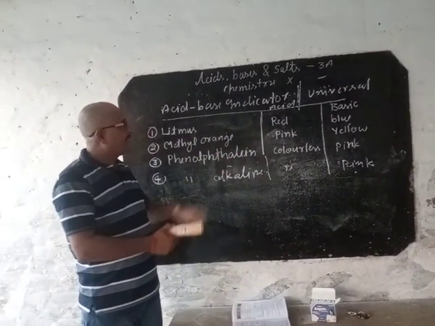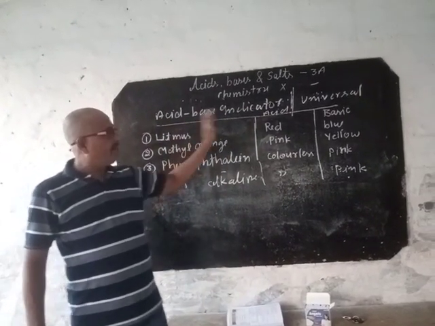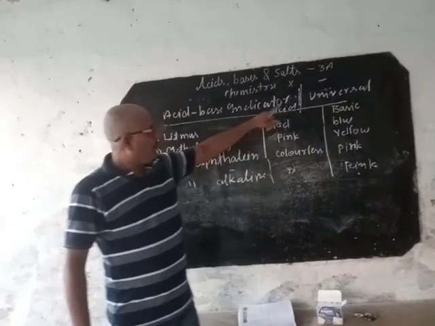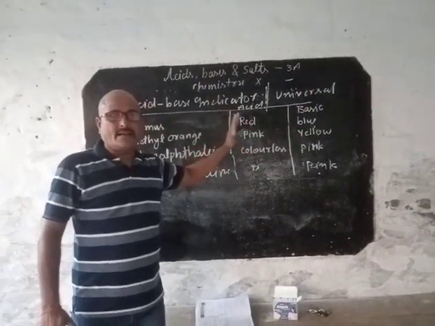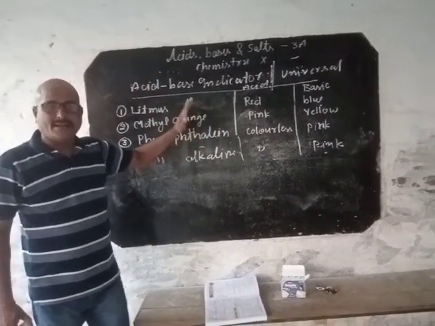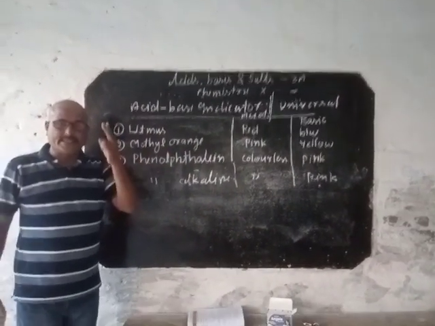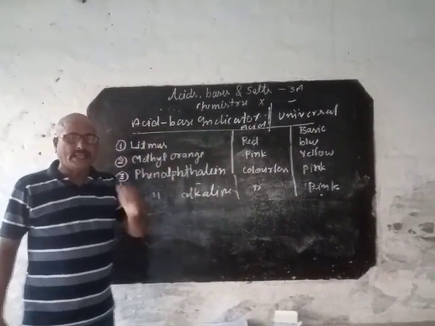It does not give any information about how much acidic or how much basic. Whereas universal indicator tells, by changing color on the pH scale, how much basic or how much acidic the solution is.